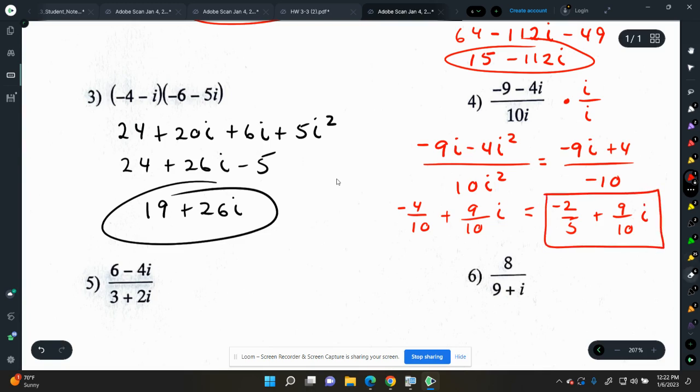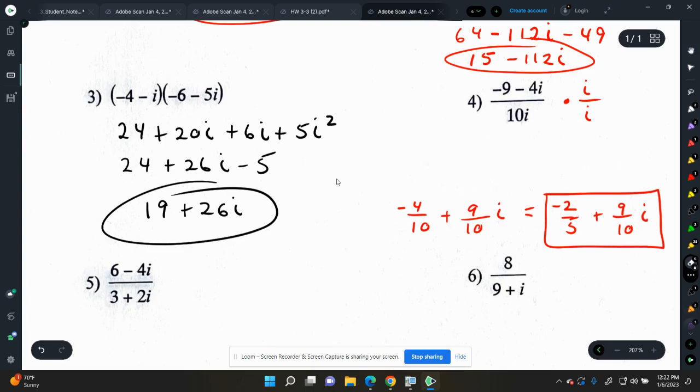All right. So I want to just take a moment to show you that we could multiply by other multiples of i. Because remember, the goal is to get rid of the i in the denominator. So let's just say that I multiplied by 4i instead of just i. As long as it's the same thing on the top and bottom, we're okay. We'd get negative 36i minus 16i squared over 40i, which would give me negative 36i plus 16 over 40i.